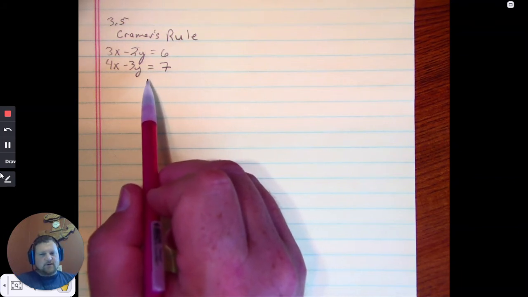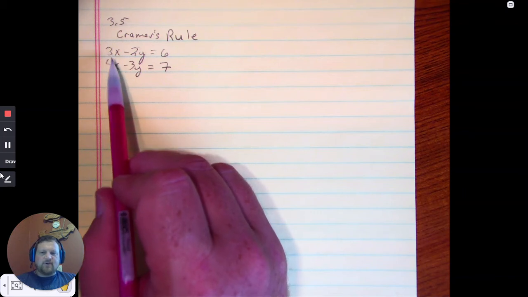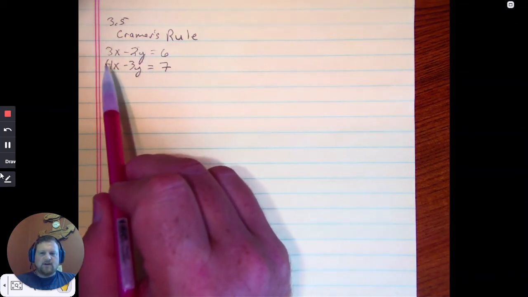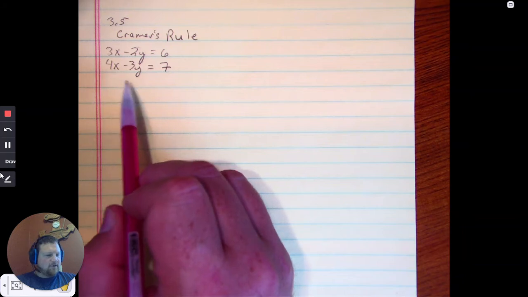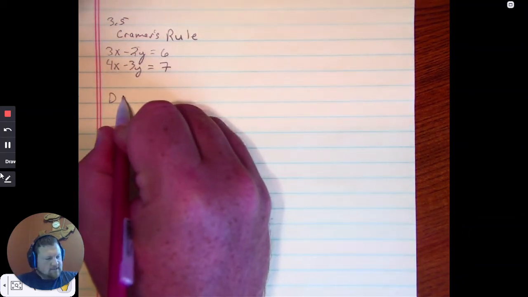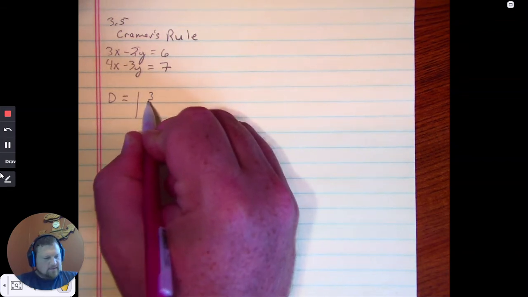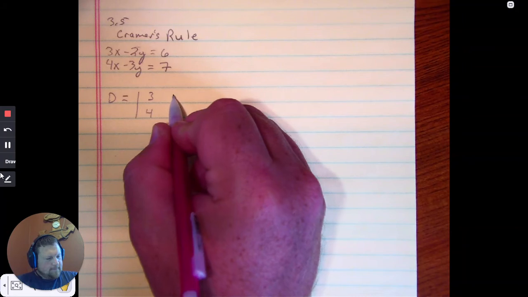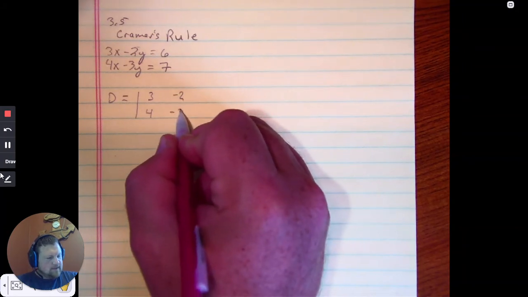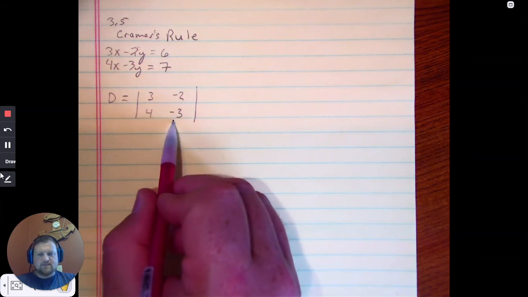So to find the determinant of it, we're going to write a little 2x2 matrix that involves these four pieces, so this side of our equations. The determinant of this equation is going to be 3, 4, -2, and -3. So notice how I just took the coefficients.